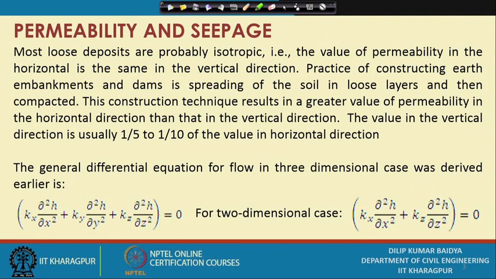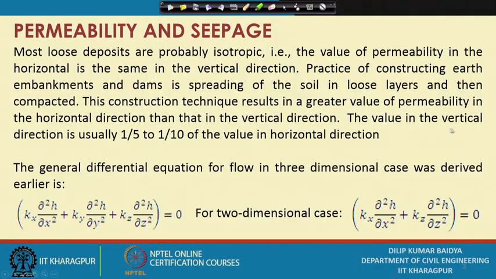But in practice, when this type of structure is constructed, generally it is filled in layers and then compacted. Vertically it gets compacted, horizontally it may not be that much. Because of that, the permeability in the horizontal direction and in the vertical direction are not the same, they are significantly different.